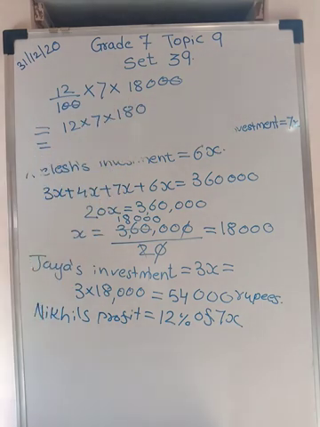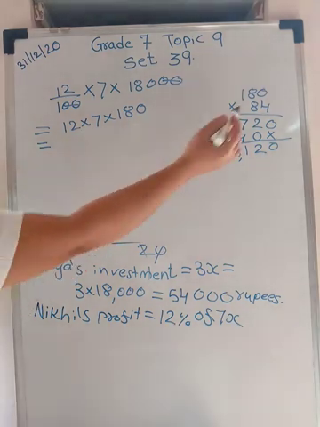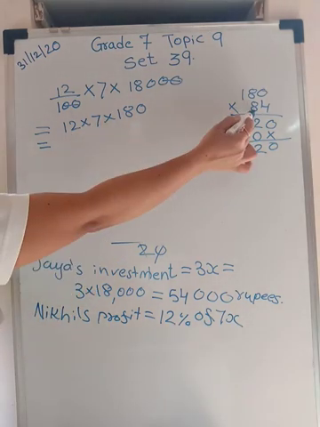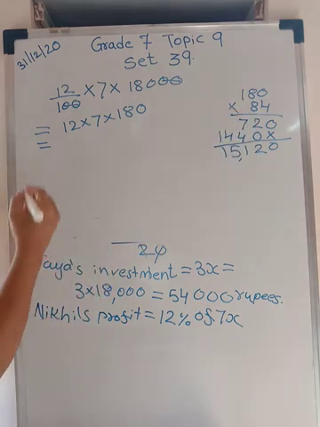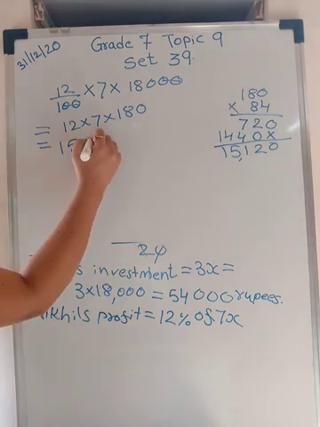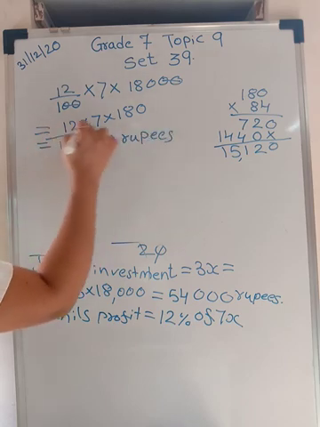Carry out this multiplication. 12 sevens is 84. 180 into 84 I have done, it comes out to be 15,120 rupees. So this is your second answer.